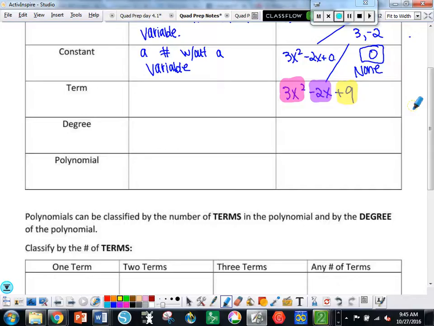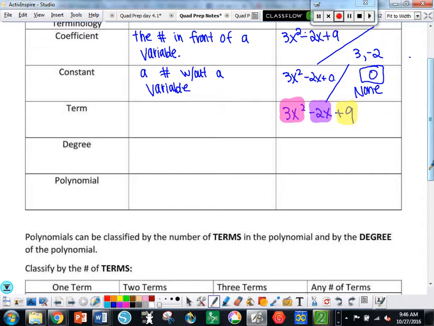So, what's a term? It's a group of variables and numbers that are connected with add and subtract.